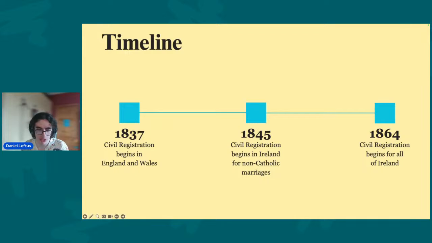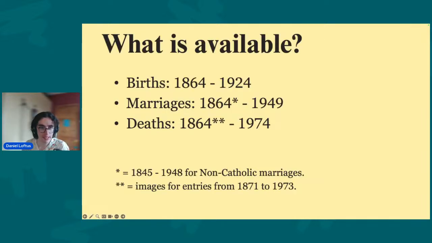It was all recorded. Now, for this, what is available? I had this updated to include what this year will eventually be uploaded to Irish Genealogy. It does not currently have 1924 births, 1949 marriages, or 1974 deaths yet as of March the 7th.